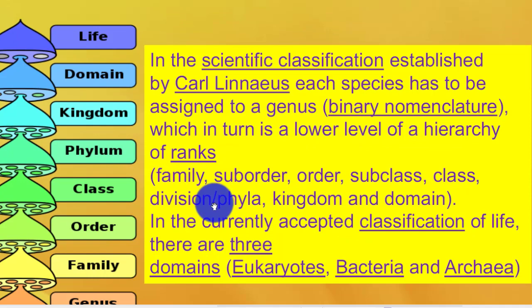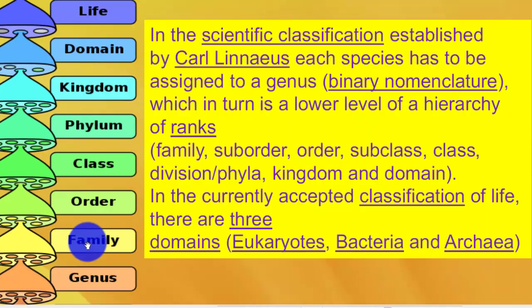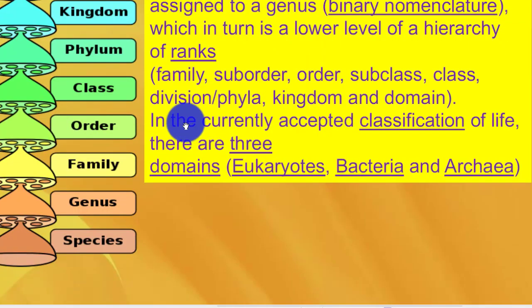Here we find the scientific classification established by Carl Linnaeus. Each species has to be assigned to a genus by binomial nomenclature, which in turn is a lower level of the hierarchy of ranks: kingdom, phylum, class, order, family, genus, species. In the currently accepted classification of life, there are three domains: eukaryote, bacteria, and archaea.